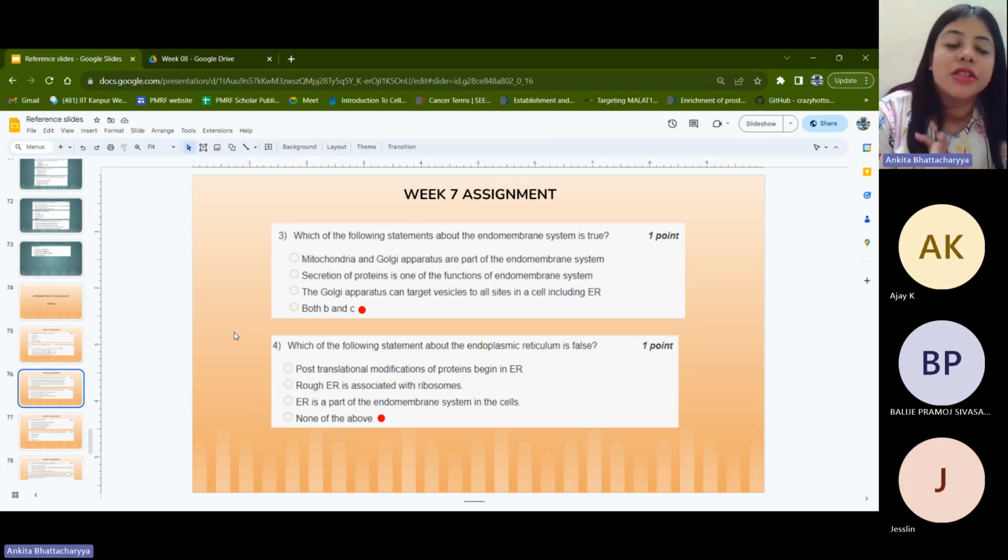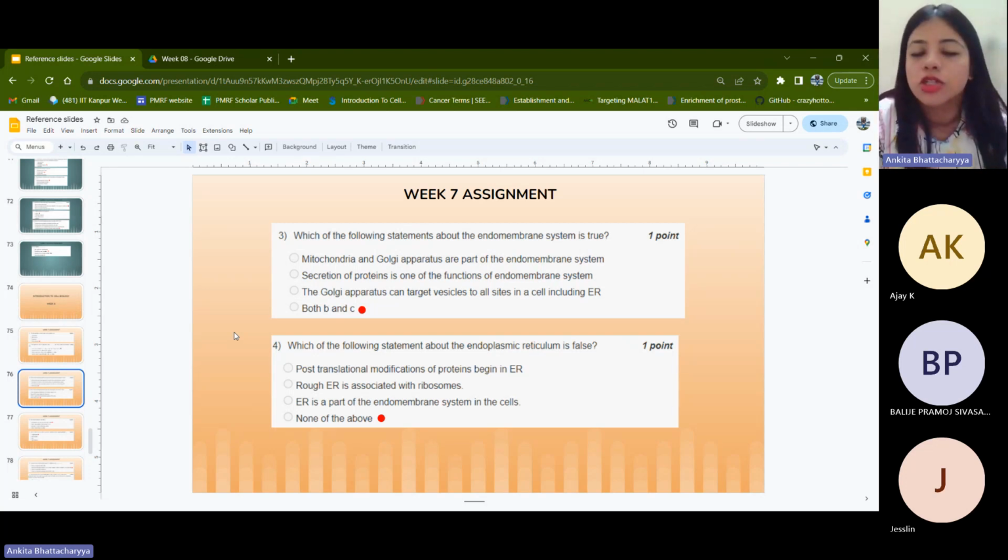But the fact of the matter is that the ER itself also has a large number of proteins. For example, one that we have already encountered was the translocase. That translocase was localized in the membrane of the ER, and it was necessary for the translocon to be present there to allow the polypeptide chain that is being synthesized to enter the ER.